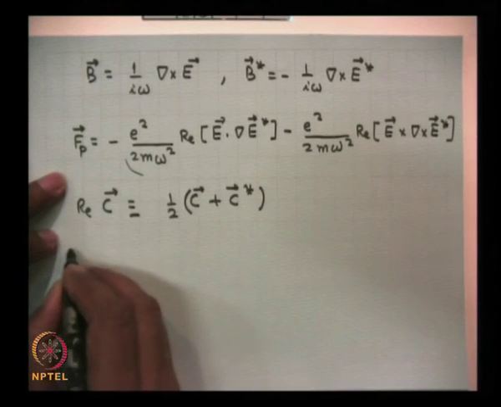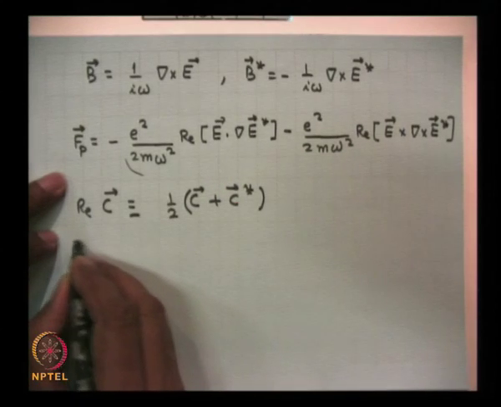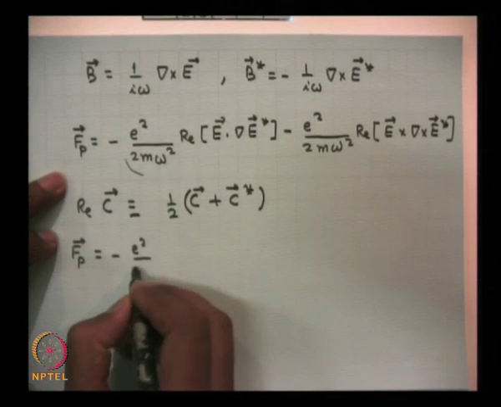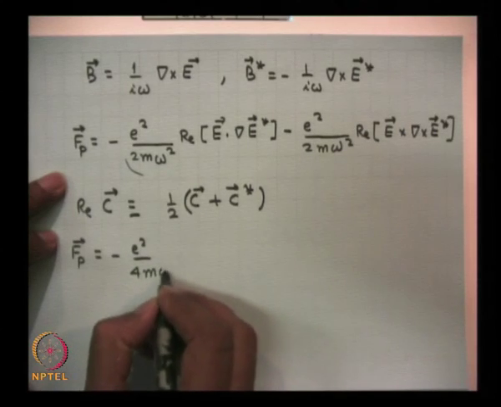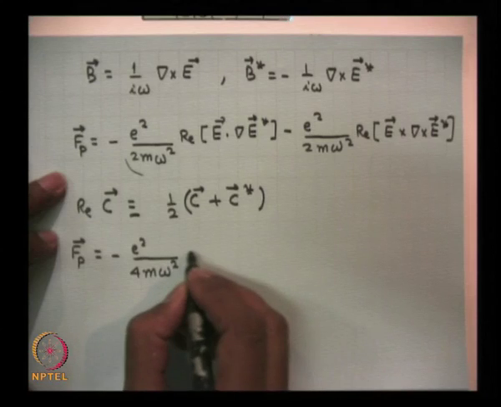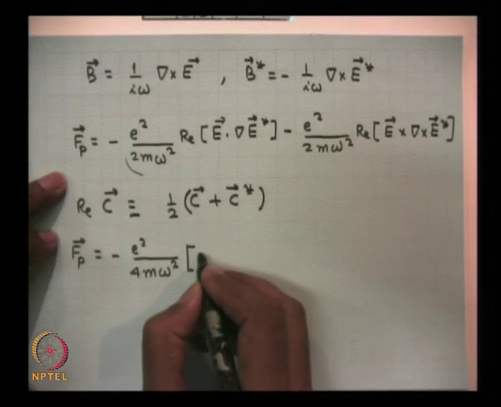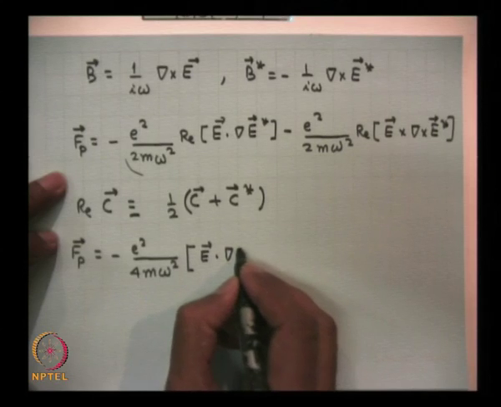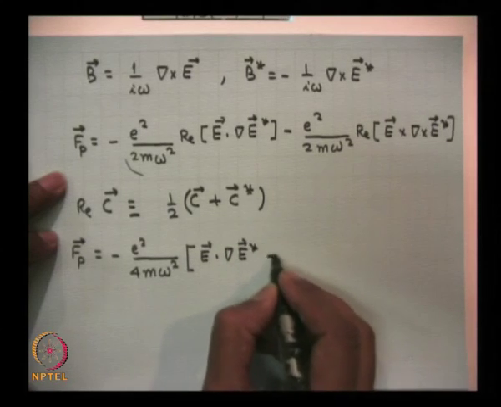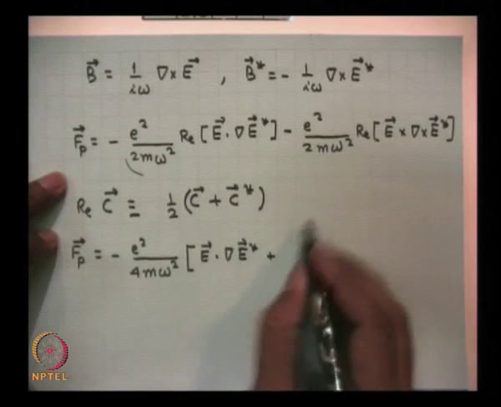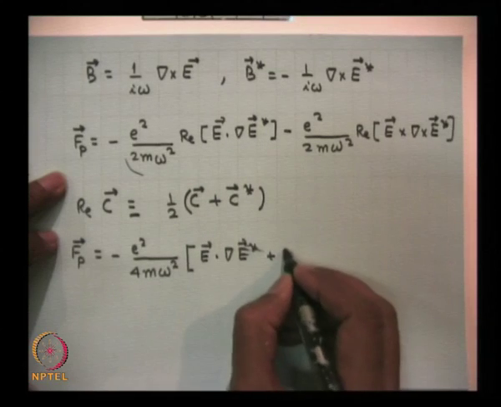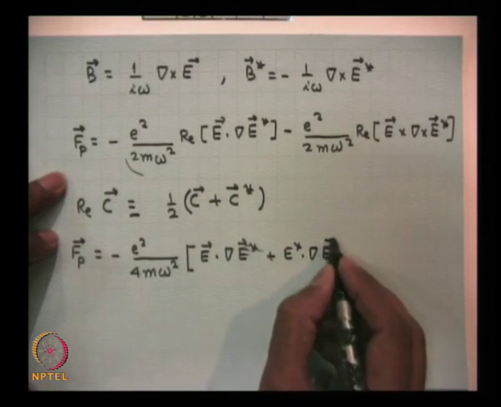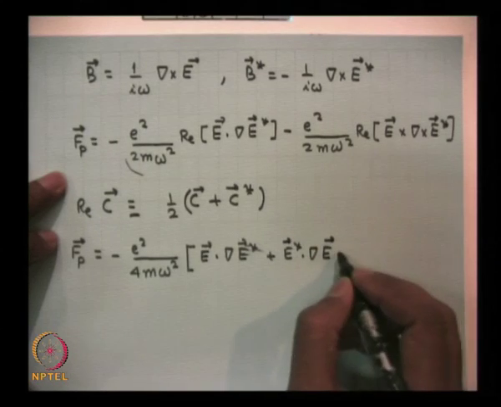So, Fp becomes minus E square upon 4m omega square, and this becomes E dot del E star plus the complex conjugate of this quantity, which is E star dot grad E. Just reverse the stars.